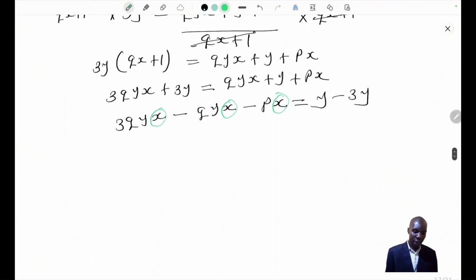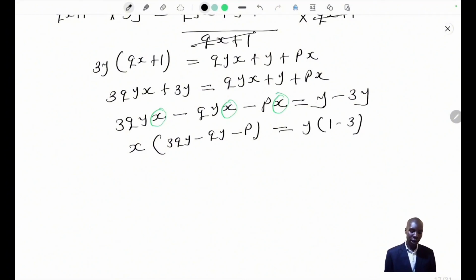So we'll have x in bracket 3qy minus qy minus p should be equals to y is common, y in bracket 1 minus 3.